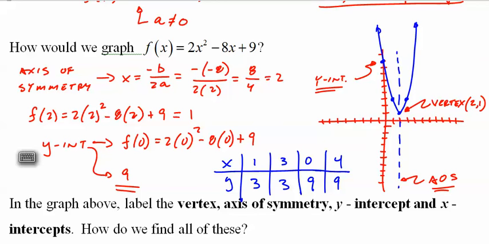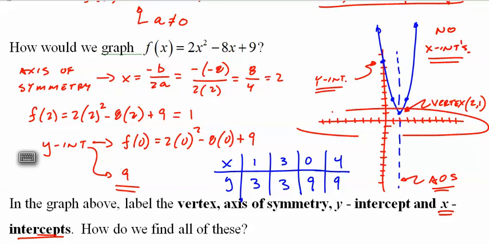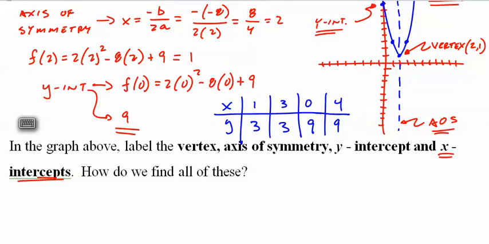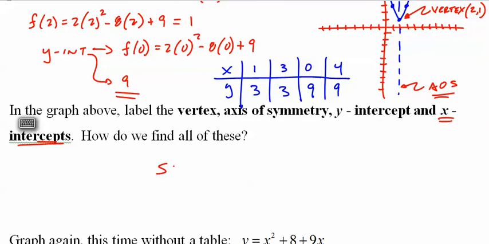And one of the questions I have below is, what are the x-intercepts? There are none in this case. X-intercepts would be where they hit the x-axis. As you can see, there are no spots where they hit. So all of these questions are answered in the top problem.